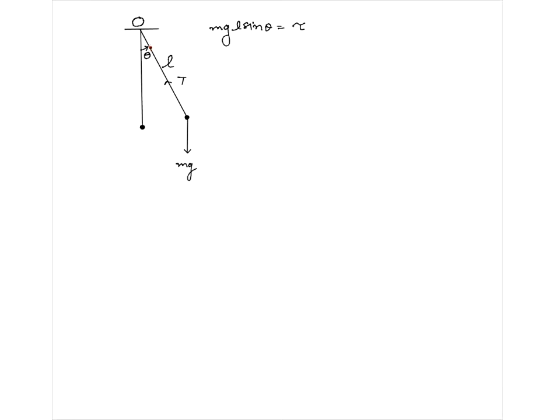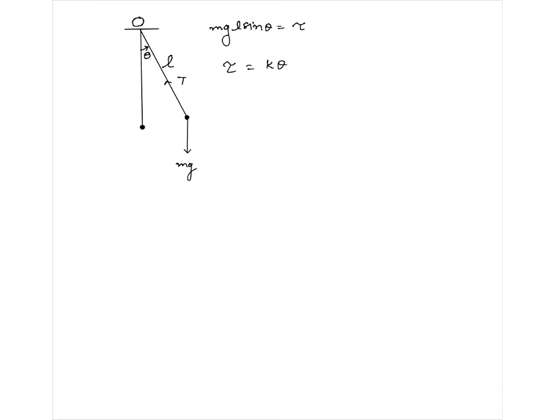But direction wise, if you want to write, theta and torque are going to oppose each other. Now this is not SHM, I mean angular SHM, because this condition is not fulfilled. So generally speaking, we cannot say that simple pendulum will always perform SHM.